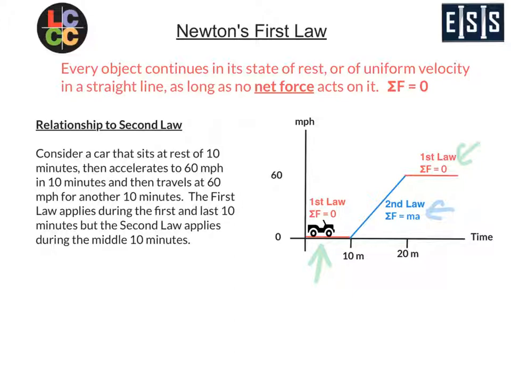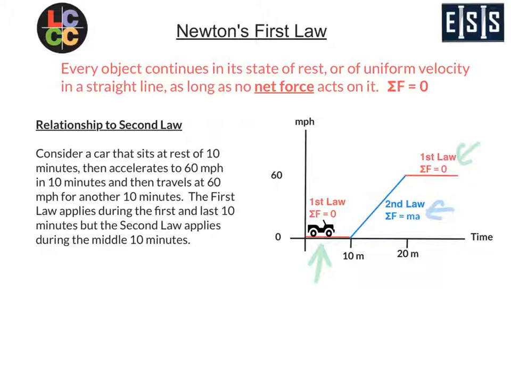So if you're given a problem like this, the way you would tackle it is you would break it into 3 parts. And then during the first part, you would use the sum of forces equal to 0 to resolve your forces on the car. During the second part, in order to identify forces, you would set that equal to mass times the acceleration, and you could resolve the unknowns that you have during that period.